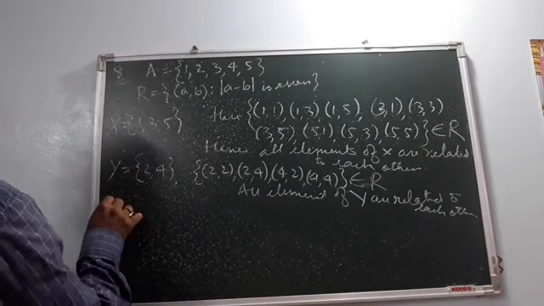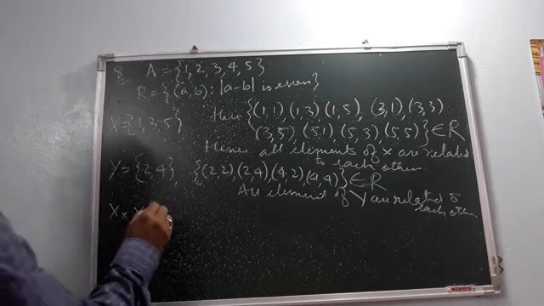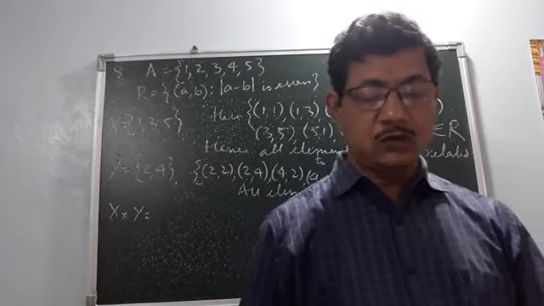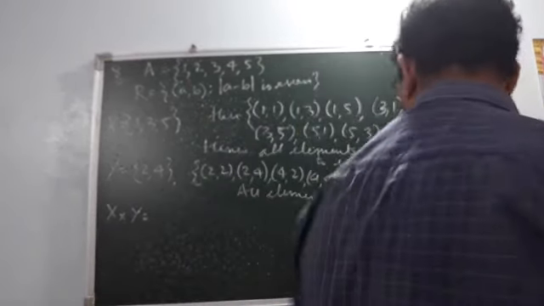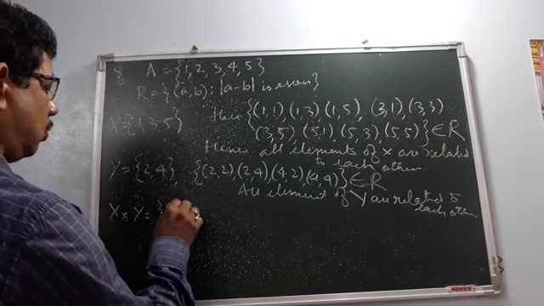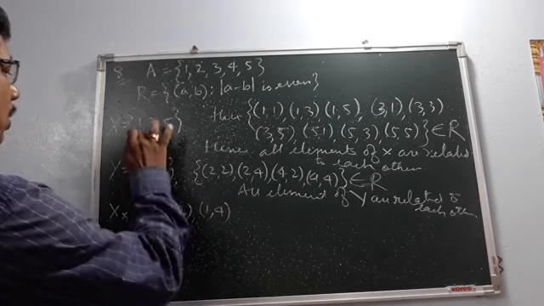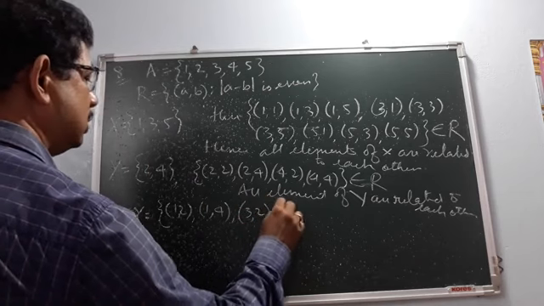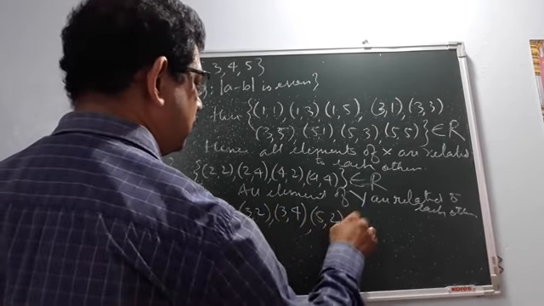Okay. Now last part, that is {1, 3, 5} is not related with this one. Now X Cartesian product Y. Because why you have to do? Because {1, 3, 5} is not related to {2, 4}. How to prove? So if I make the Cartesian product of this one, then it will be (1, 2), (1, 4), (3, 2), (3, 4), (5, 2), (5, 4).